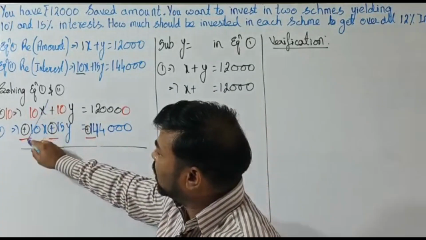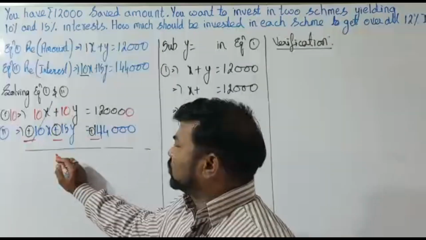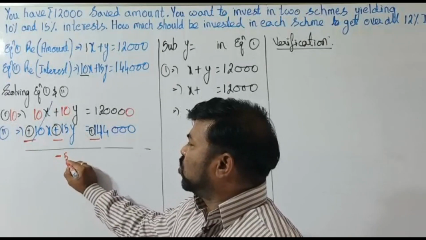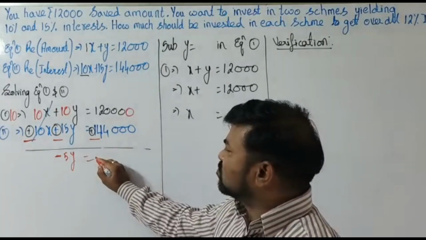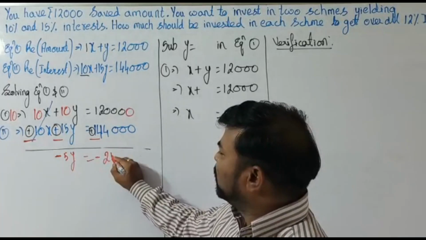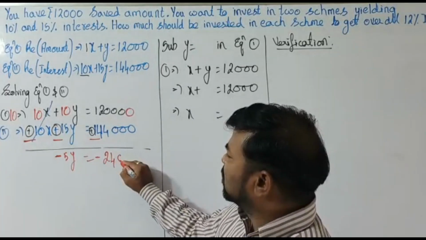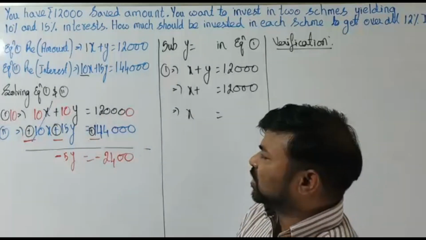Now I can straight away cancel this. It's minus 5y equals minus 24,000.